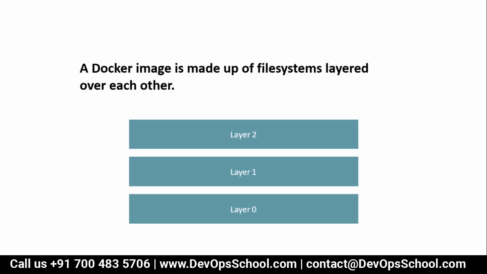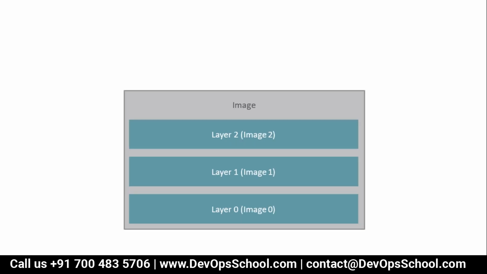These file systems are layered on top of each other, and that is the reason that instead of calling it a file system, we call it a layer: layer 0, layer 1, layer 2, and so on. So an image is made up of file systems layered over each other, such as layer 0, 1, 2.